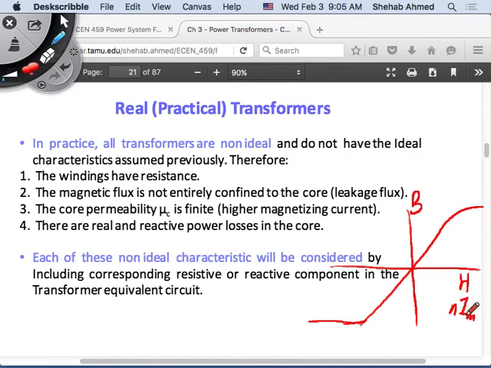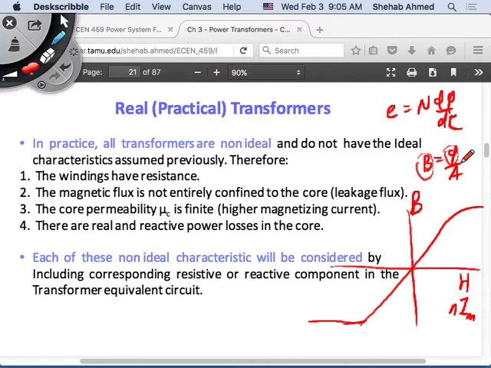So this is proportional to current, and B is proportional to flux flowing, and flux flowing generates the corresponding voltage. Remember, E is equal to N d phi by dt. B equals phi divided by A. If B is not changing, is phi going to change?